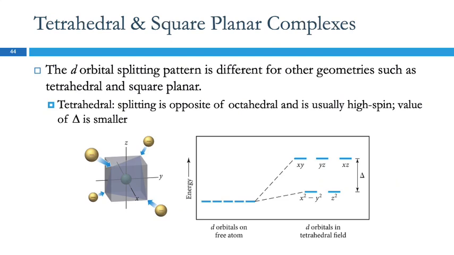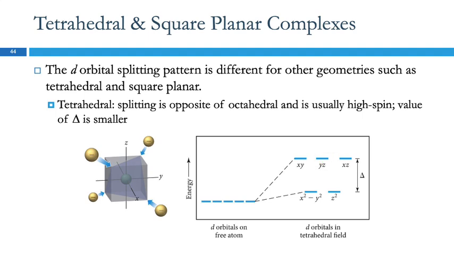The splitting pattern is different for other geometries. So for tetrahedral and square planar, it's going to be different because of the different geometry. So here, when we have the tetrahedron and we look at how the d orbitals interact, we're going to have 2 that fit between the ligands and 3 that are going to conflict with the ligands.